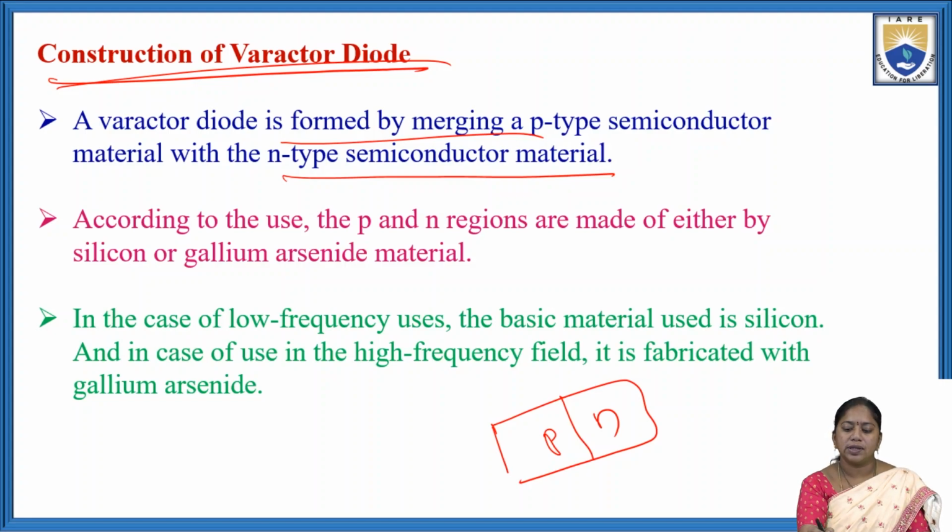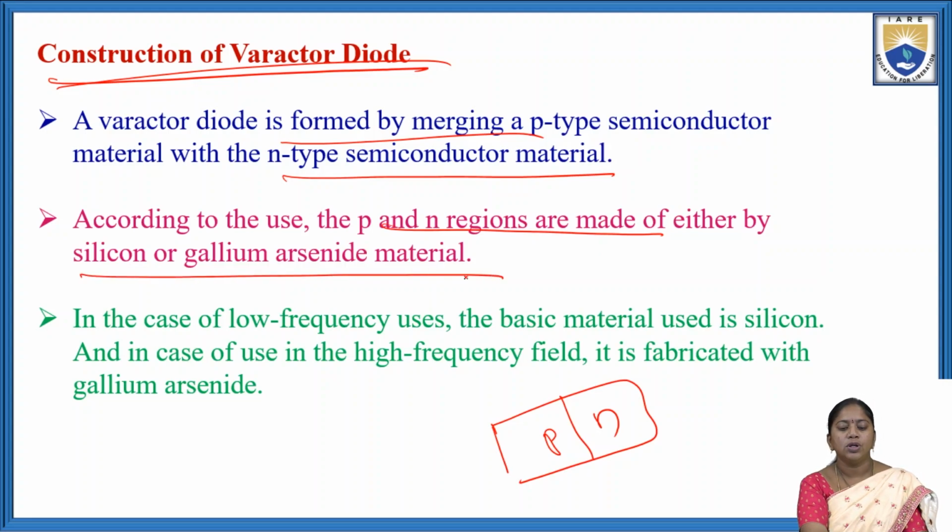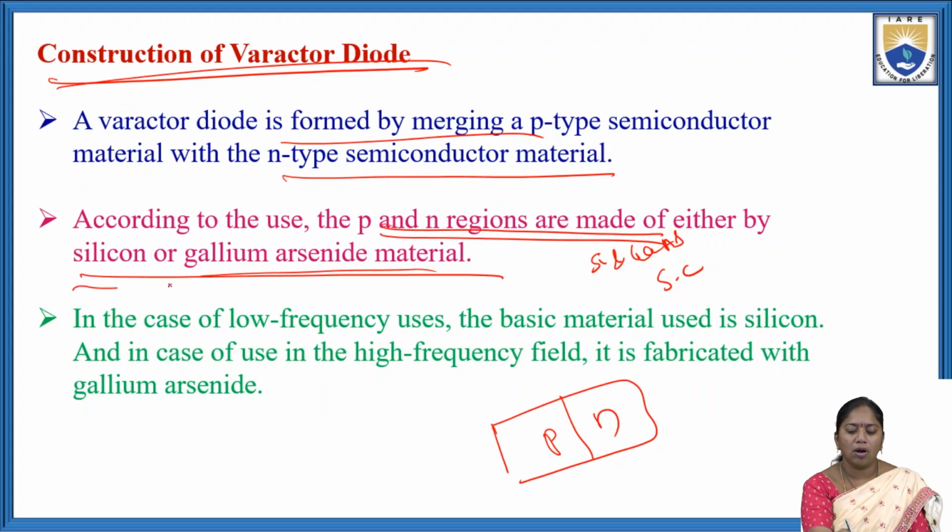According to the use, the p and n regions are made of either silicon or gallium arsenide. These are the semiconductors used to construct the varactor diode.